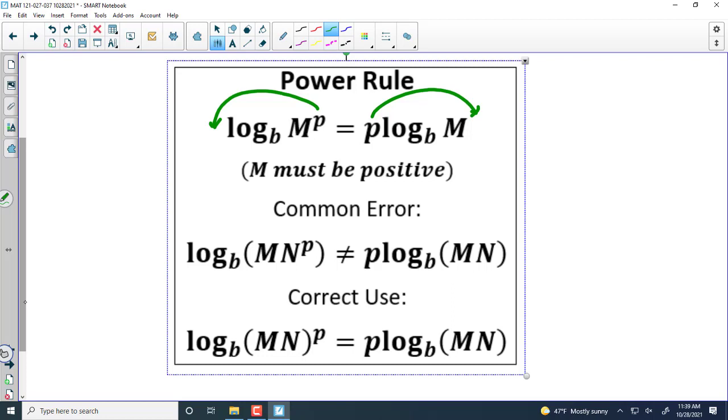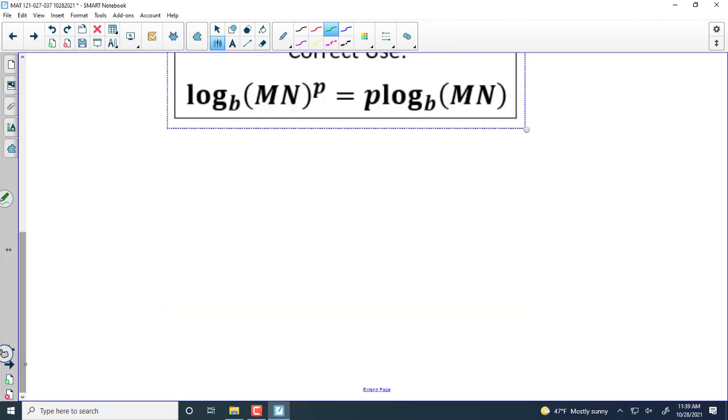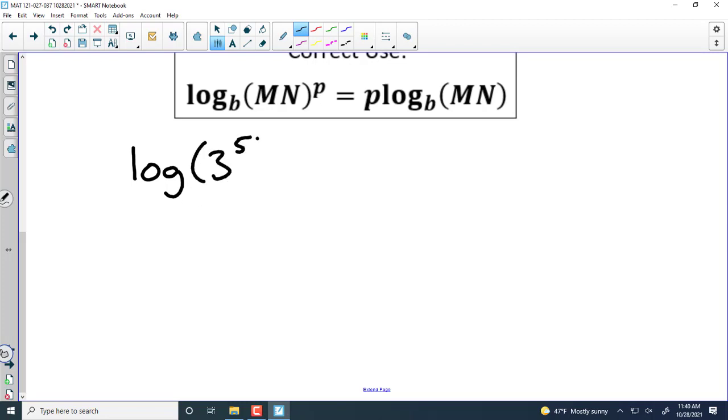So, let's see how this works, everyone. Actually, let's do one we can do on a calculator. We'll do log base 10 of 3 to the 5th. Okay, class, this is something we might be given. According to the power rule, we can rewrite this like this.